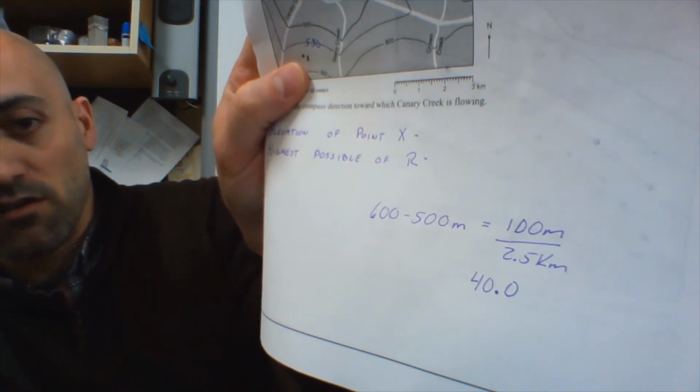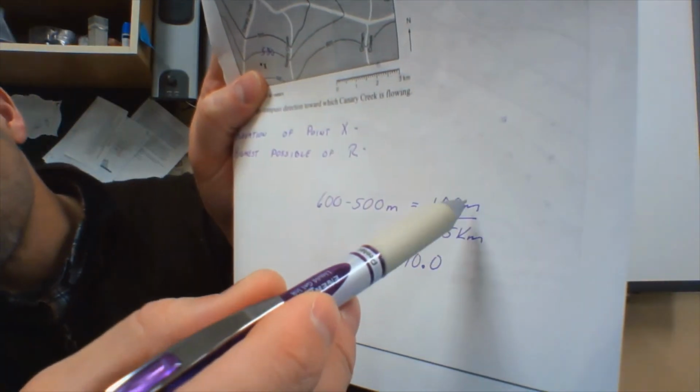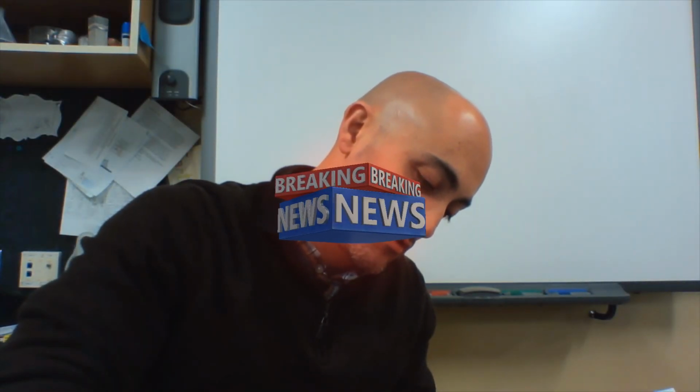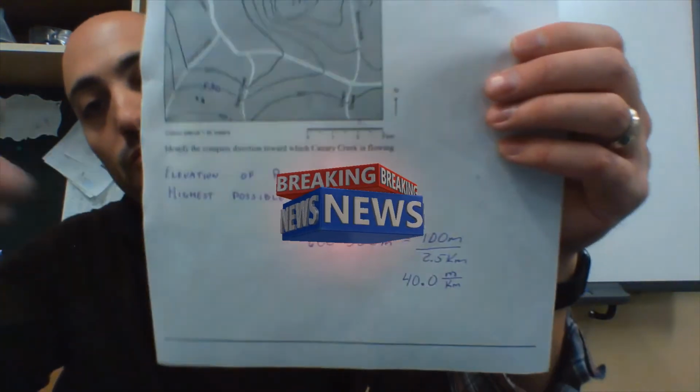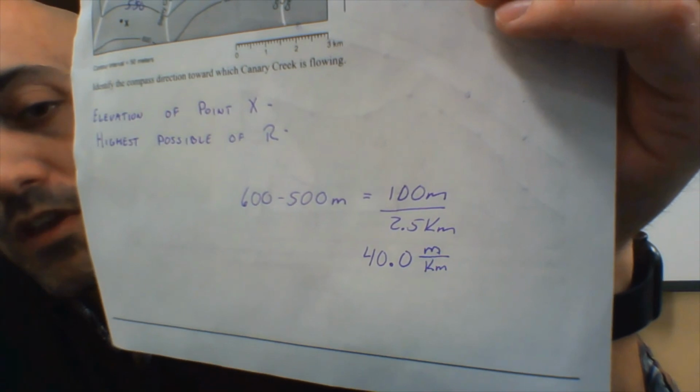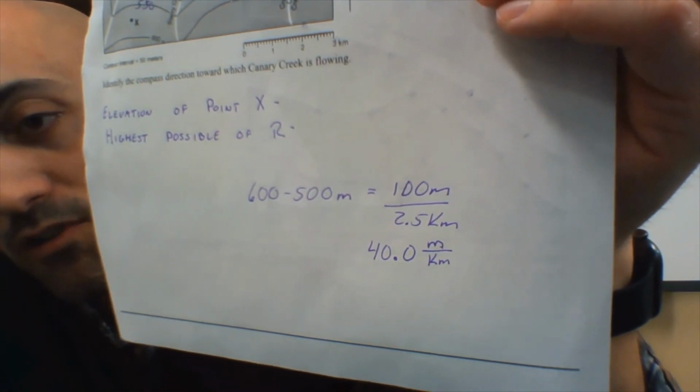Okay, 40.0. But also, meters divided by kilometers, you have to write your unit down. Whatever you do for the math, that's what you use for your units. Every once in a while, they do ask you to put your units in. Sometimes they're already printed for you. So 40 meters per kilometer is how steep that stream is from Y to Z, or from Z to Y.